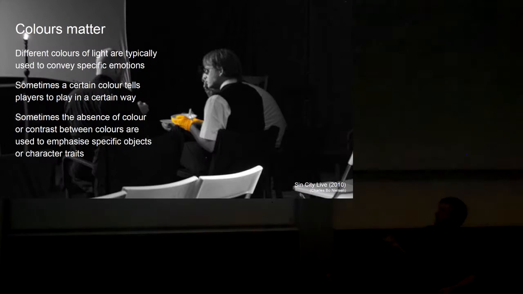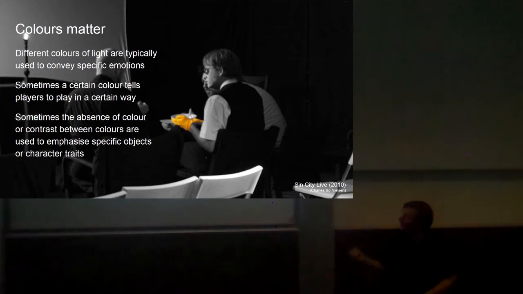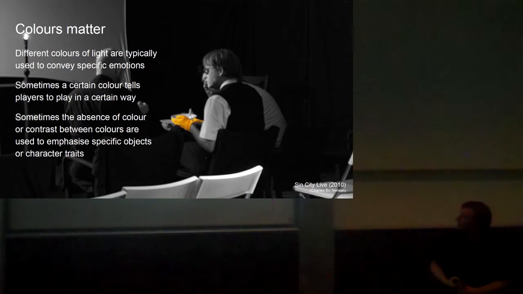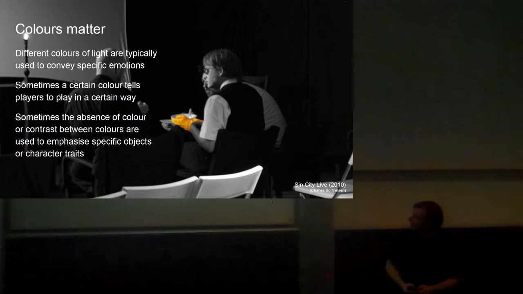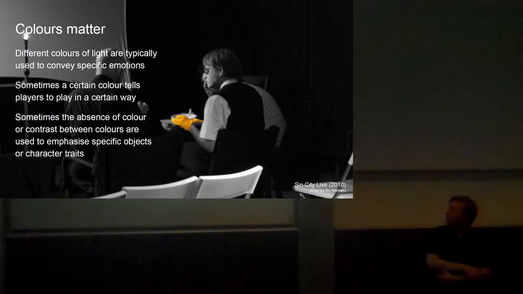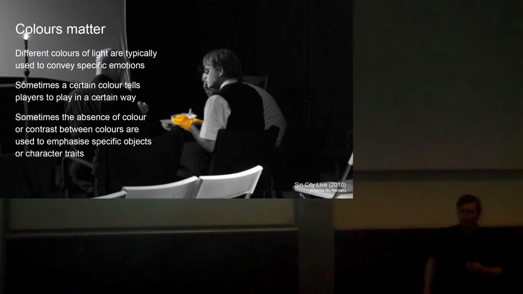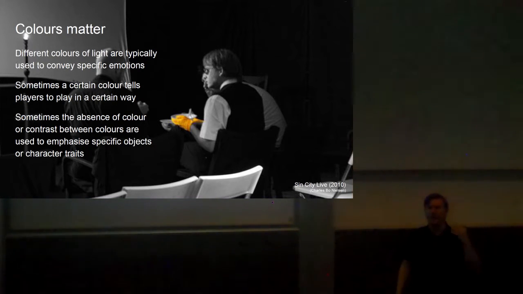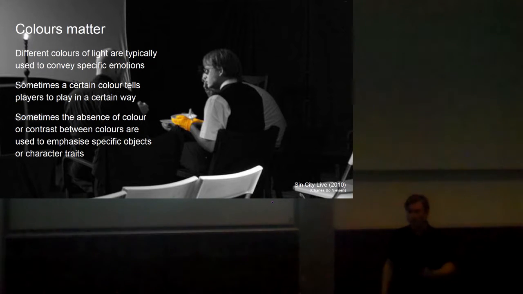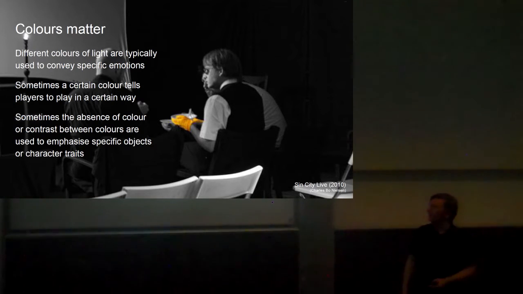When we're talking about lights, then colored lights, I would say colors matter. In this picture here, you can see that this is basically black and white, except for the man's blood. So different colors of light are typically used in these Blackbox Larps to convey different emotions, feelings, or sometimes a certain color will tell how you should play, if you should play a certain way.